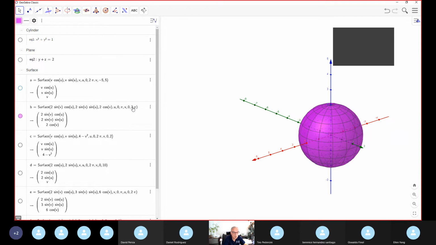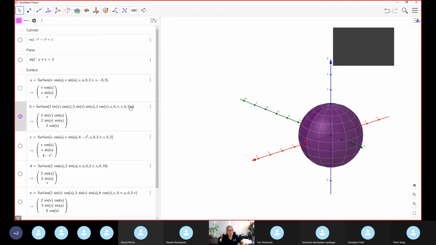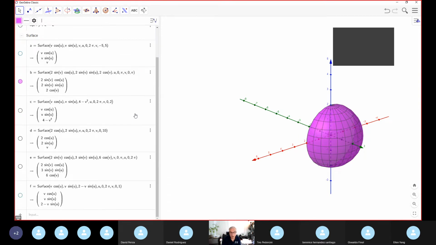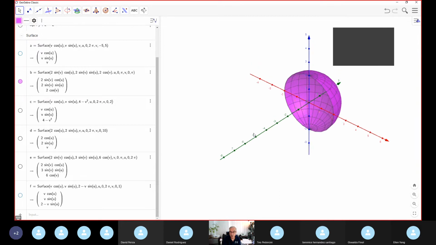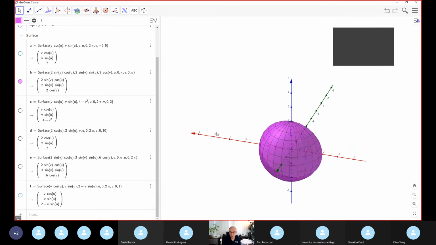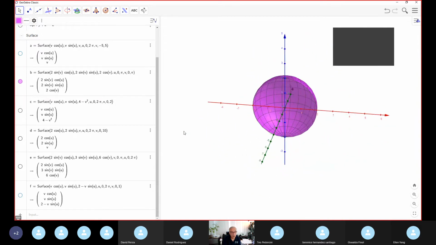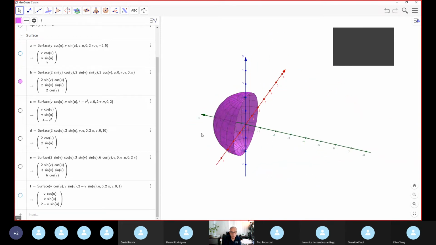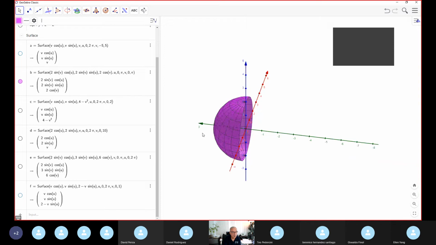Suppose my intention was, on the keyboard I make a mistake. I delete the 2, I press back, I press enter. Bang! And you see a half of the sphere because I vary v, which I suppose is phi, from 0 to pi.